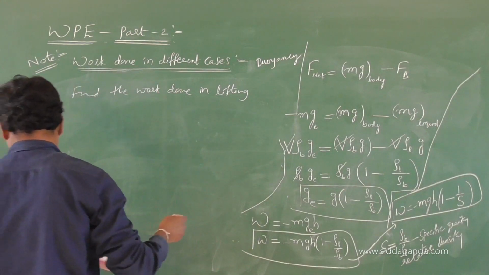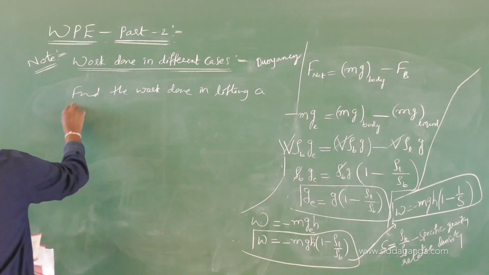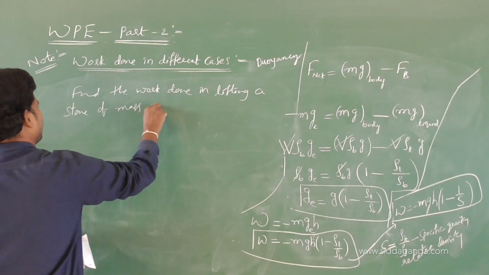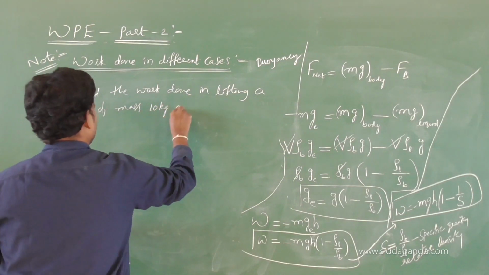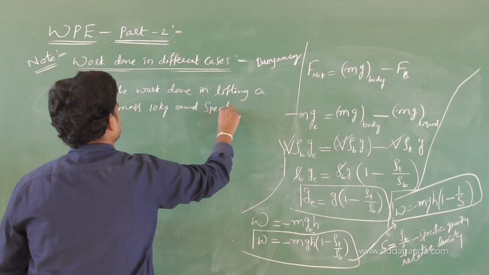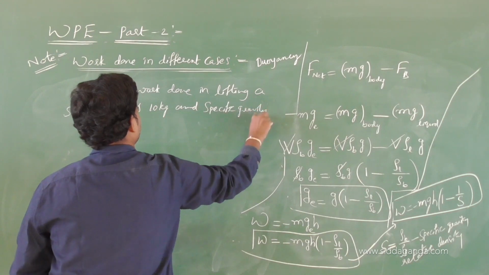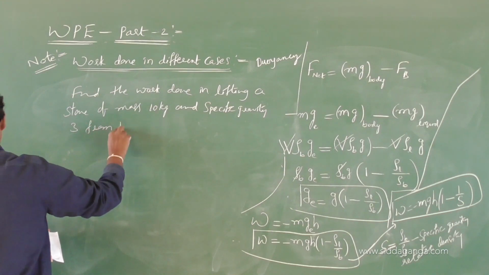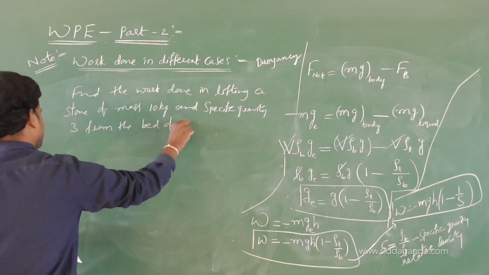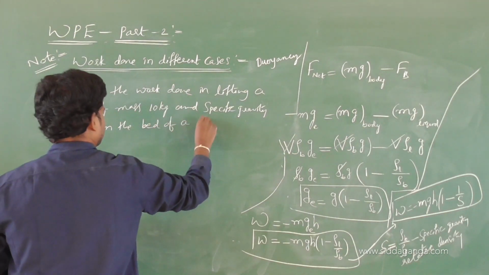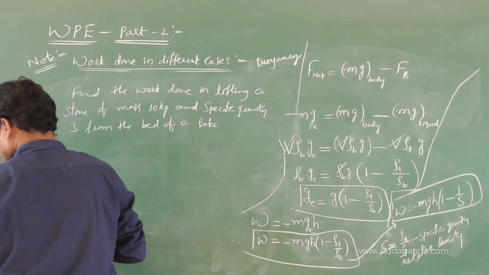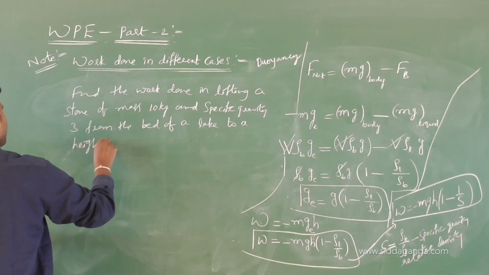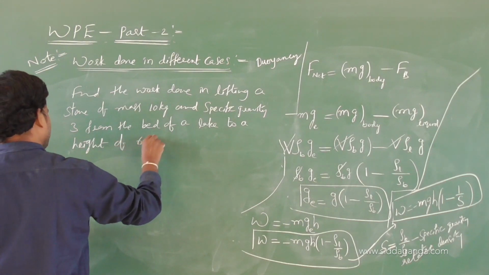So find the work done in lifting a stone of mass 10 kg and specific gravity 3 from the bed of a lake to a height of 6 meter in water.